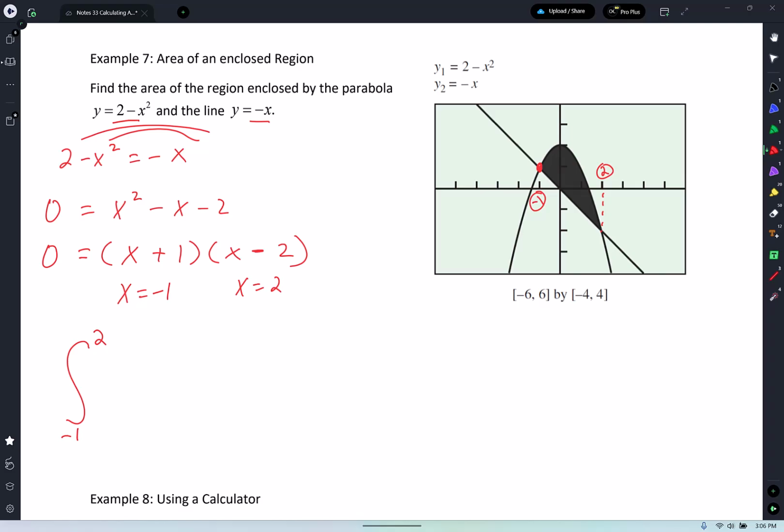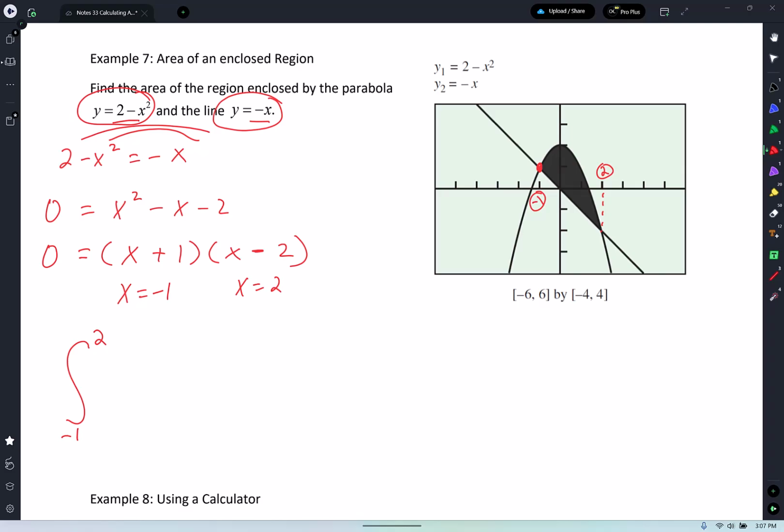Now I have to decide which one's on top. Here's an easy way to do it, guys. See how we got the interval negative 1 to 2? Pick a number like 0, and then you can see which one's on top. If I put 0, this one I get 2, and this one I get 0. You can see visually here that the parabola's on top, but if we didn't have this picture, just pick a number between negative 1 and 2.